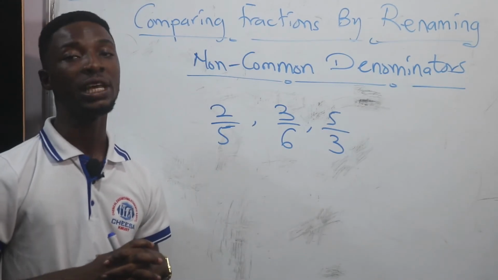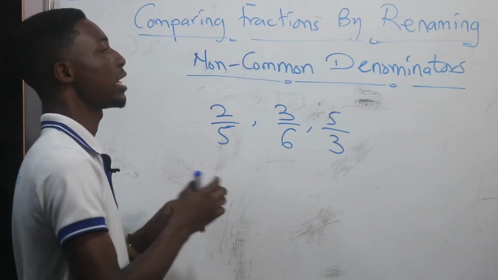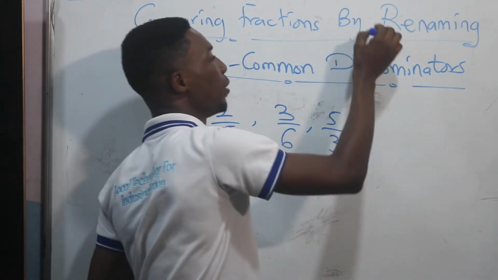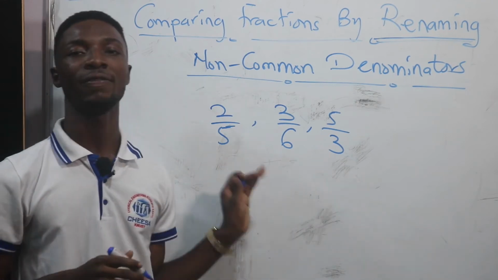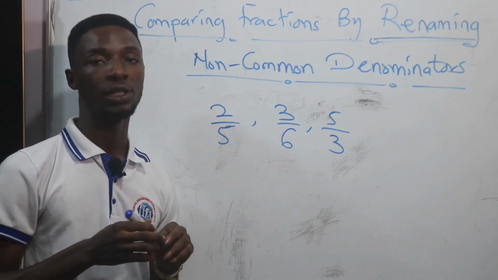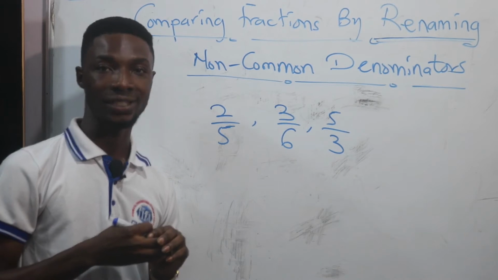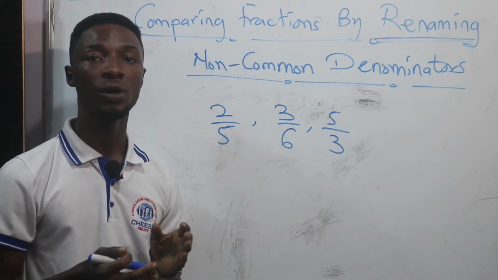For this reason, we have to employ a method known as renaming. In the renaming method, we make sure that all the fractions have the same denominator. That is what we do. So how do we do it?